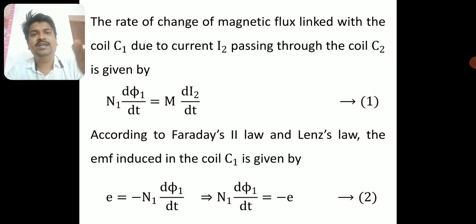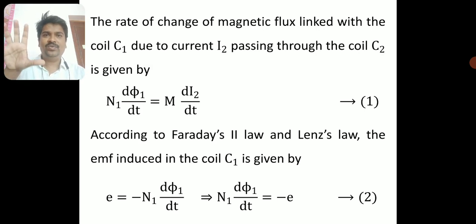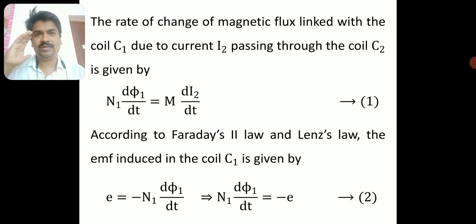So N1 d phi 1 by dt is equal to M into dI2 by dt. As I know, the number of turns N1 in the coil C1 is a constant and will not change with respect to time. So you need not differentiate N1; you take N1 out of this differentiation.